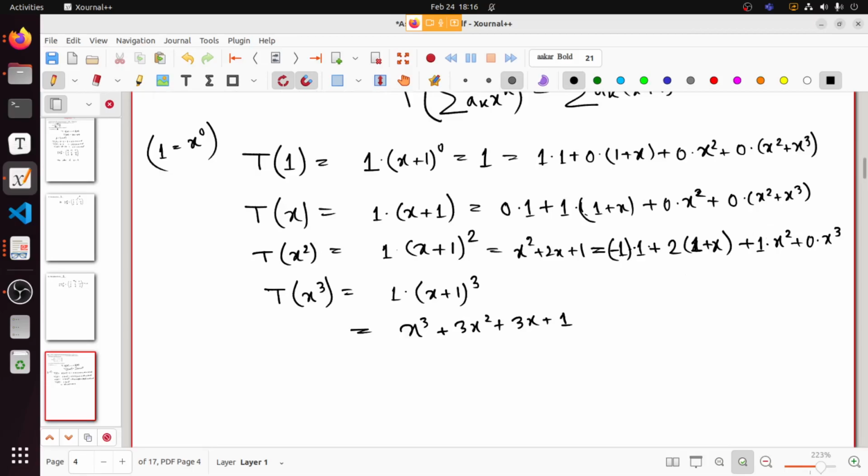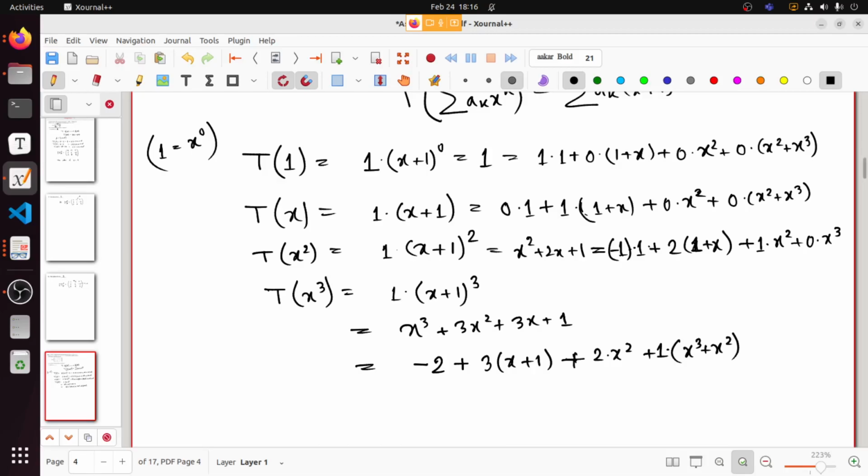So you have to write it in terms of the basis. Just let me write it and then explain what's happening: minus 2, plus 2 into x squared, plus (x cube plus x squared). So we have to write in terms of the basis. Because x cube is there, we put 1 into (x cube plus x squared). Then 1 x squared is gone, so 3x squared is there, we put 2 times x squared.